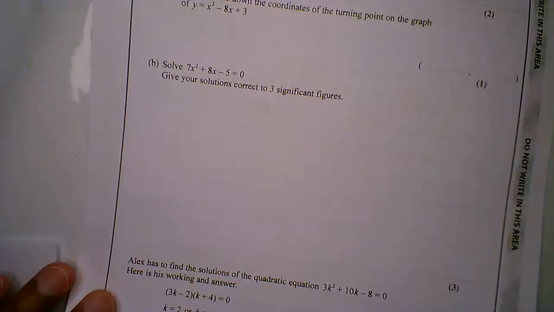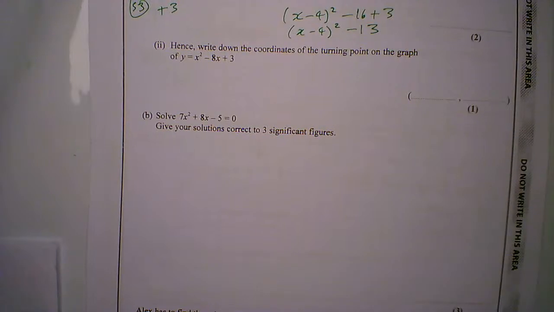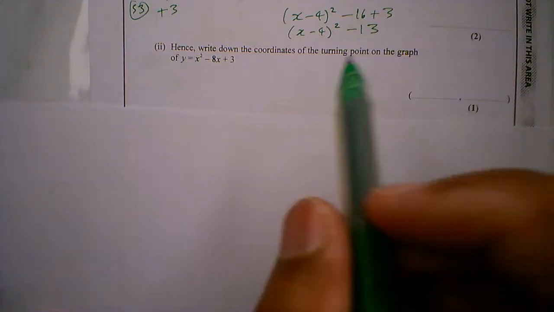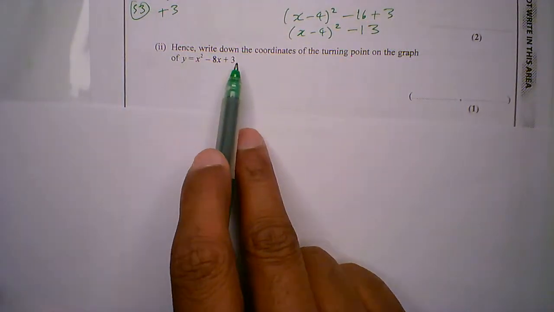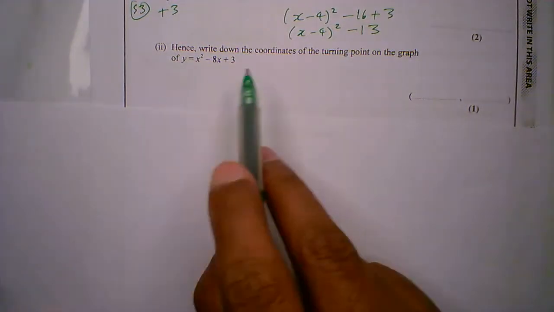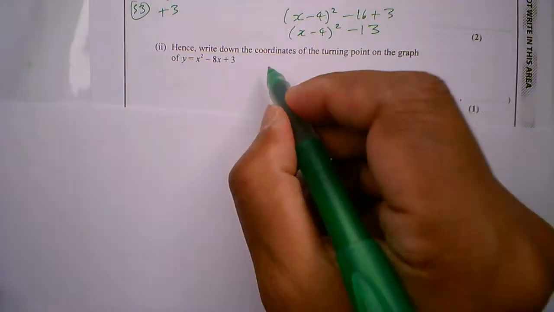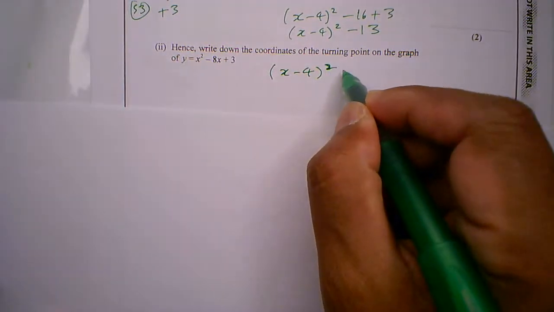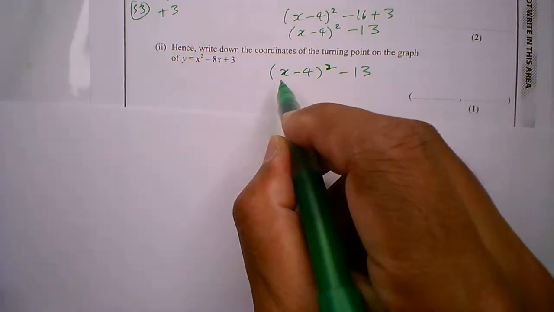Okay, part B. So we have: write down the coordinates of the turning point on the graph. So we're taking this part here from part 1, x minus 4 all squared, take away 13.